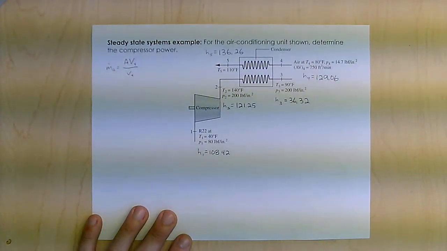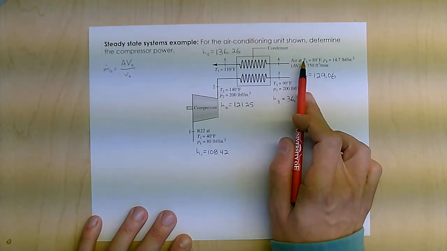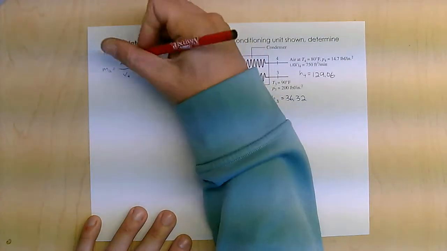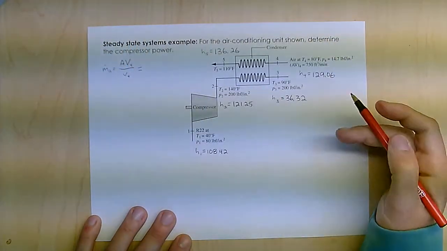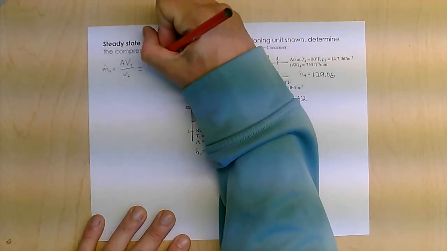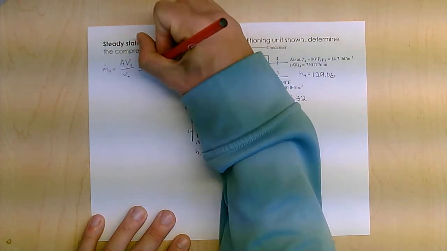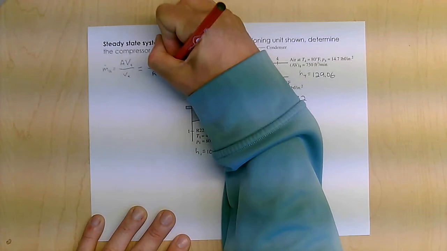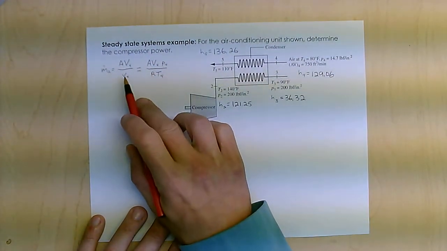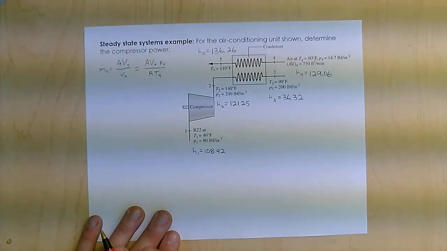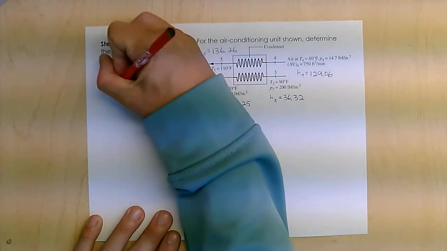Of course, air is an ideal gas, so instead of v, I can use RT over P, which is to say A V4 P4 over R T4, right? Again, just using the ideal gas model, Pv equals RT. That's going to give me my mass flow rate for the air.